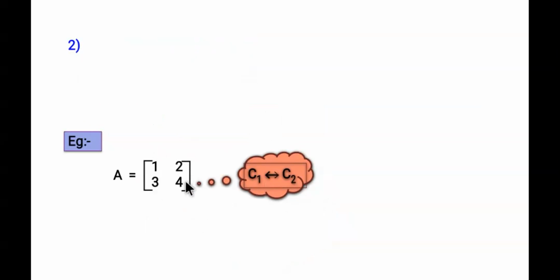So you have to interchange this. Interchange in the sense, your first column elements will shift to the second column and your second column elements will shift to the first column. So let's do that. Okay, so this is your transformed matrix.